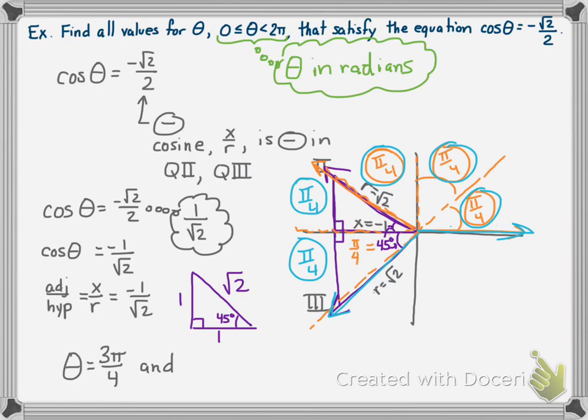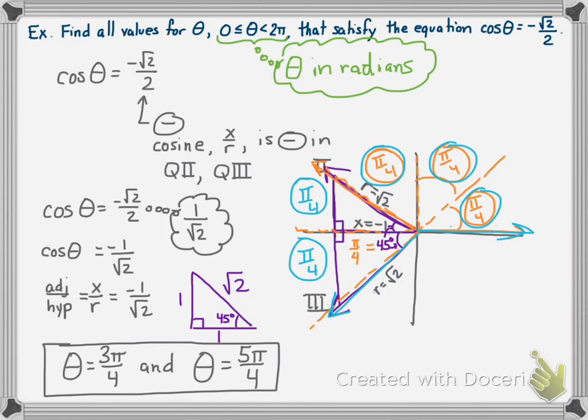So our second angle is theta equals 5 pi over 4. And so our final answer is that if cosine of theta is equal to negative root 2 over 2, then the angles in the xy plane are theta equals 3 pi over 4 and theta equals 5 pi over 4.